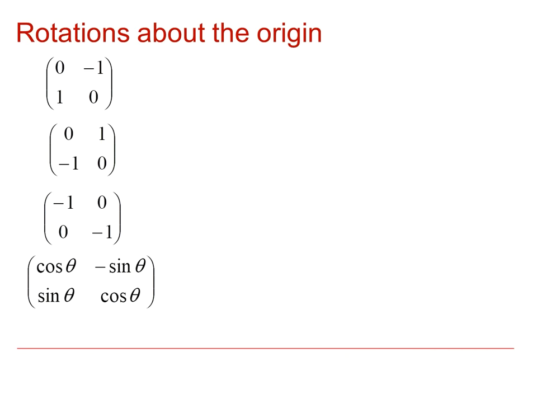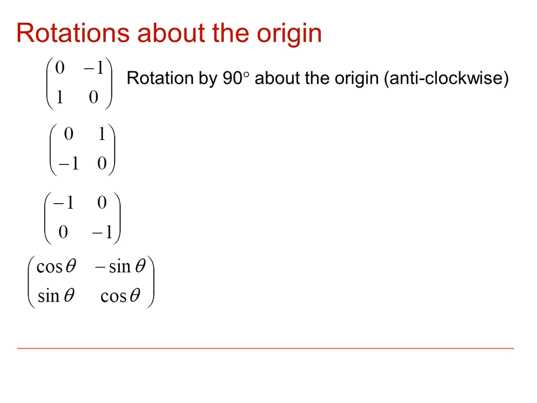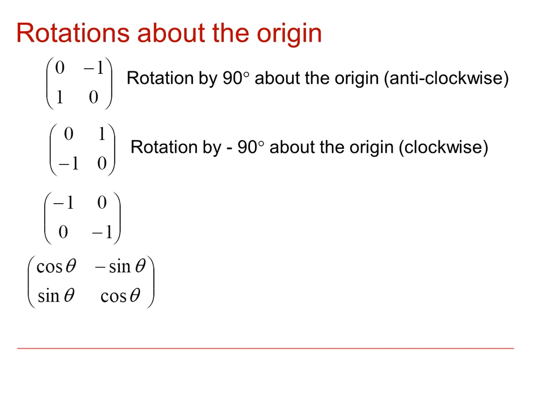The rotations that you need to be familiar with are given by the following matrices. First one, there's a rotation of 90 degrees about the origin. That's anti-clockwise, so it's the plus 90 degrees. The second one is a rotation by negative 90 degrees, or clockwise, about the origin. And third one, 180 degrees.